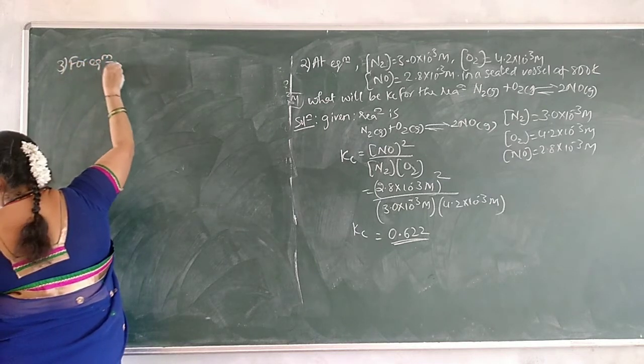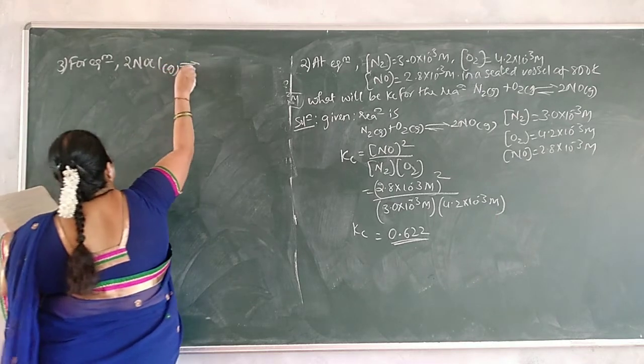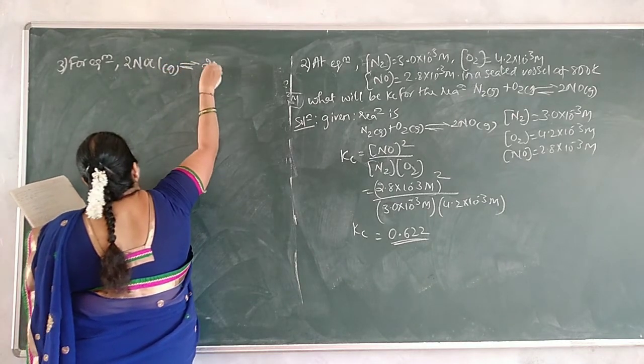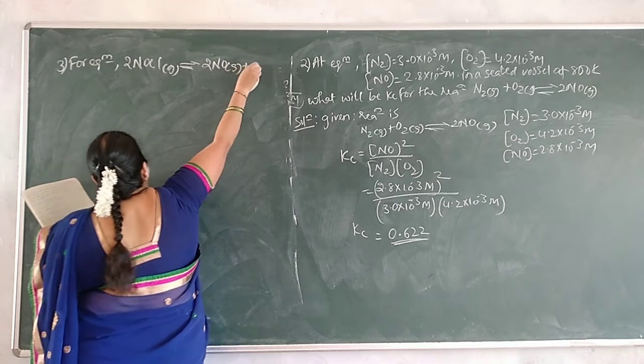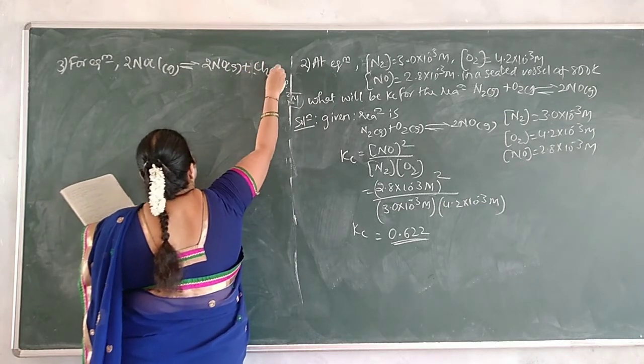For equilibrium, 2NOCl gaseous reversibly giving rise to 2NO gaseous plus Cl2 gaseous.